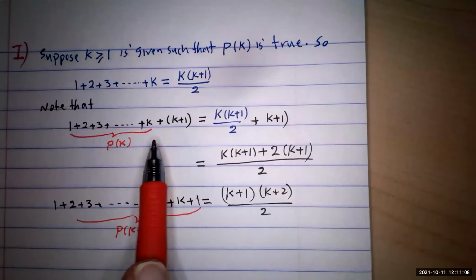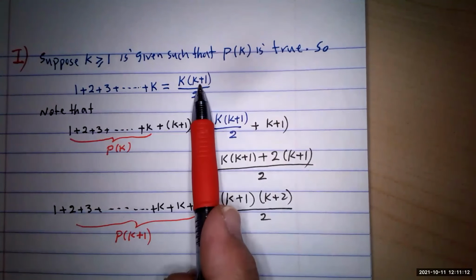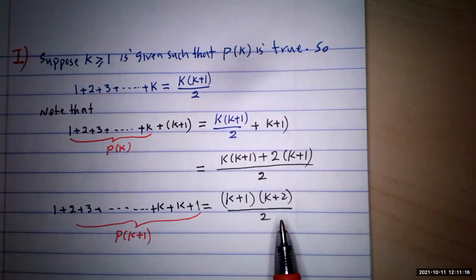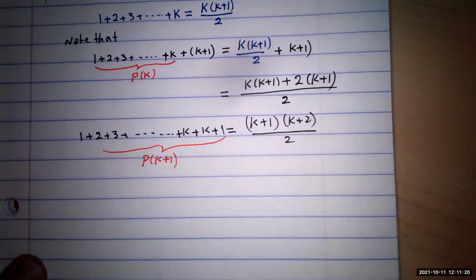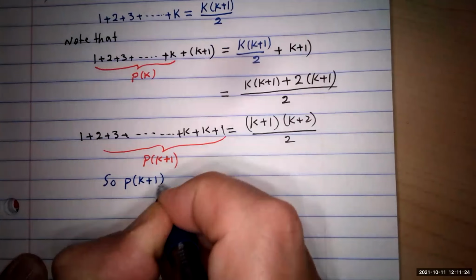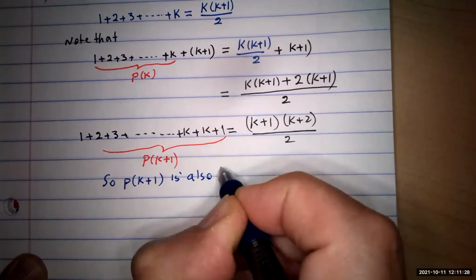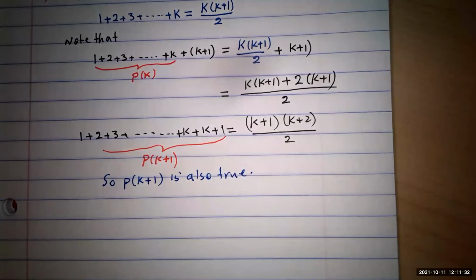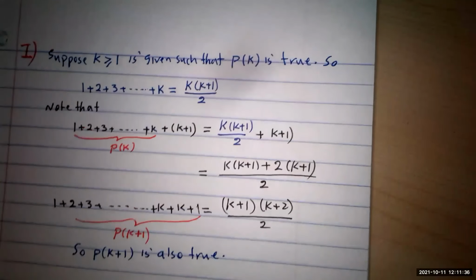If it's k, it's k times k plus 1. If it's k plus 1, it must be (k+1)(k+2) over 2. So you proved that P(k+1) is also true. You assume that P(k) is given to you, then you use it in order to prove that P(k+1) is true.